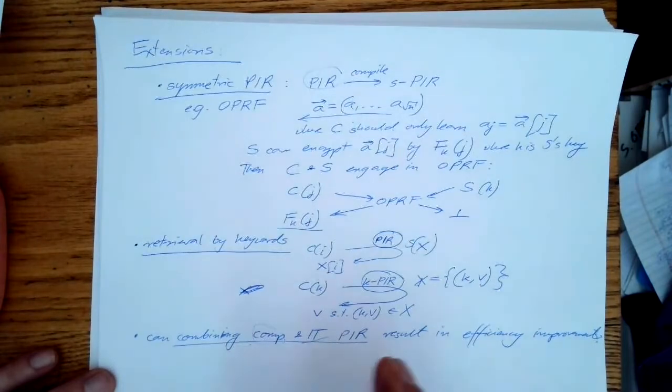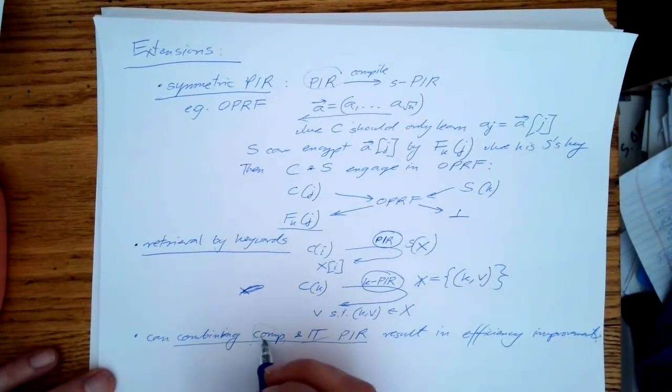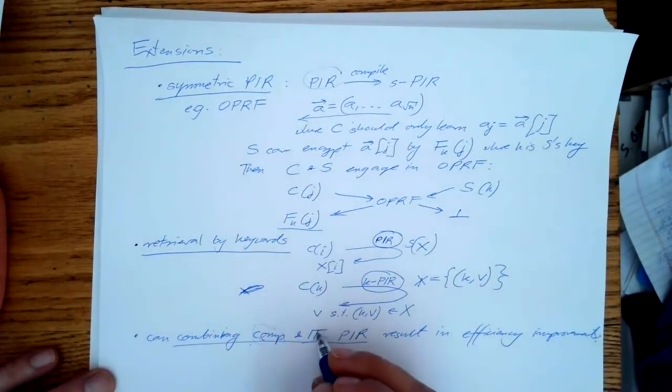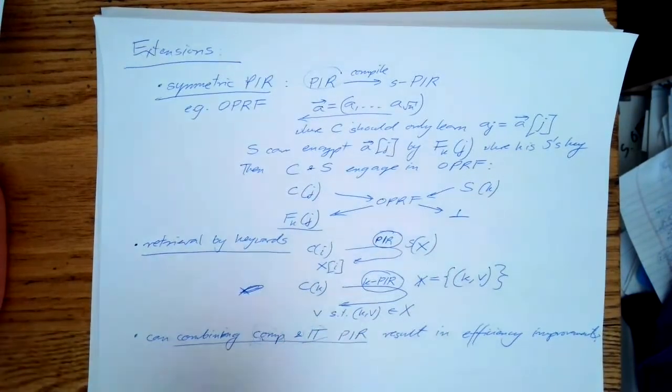You work under some assumptions. If you have two servers rather than one, could you get faster computational PIR in a way? Or looked at another way, could you get bandwidth improvement for information theoretic PIR?